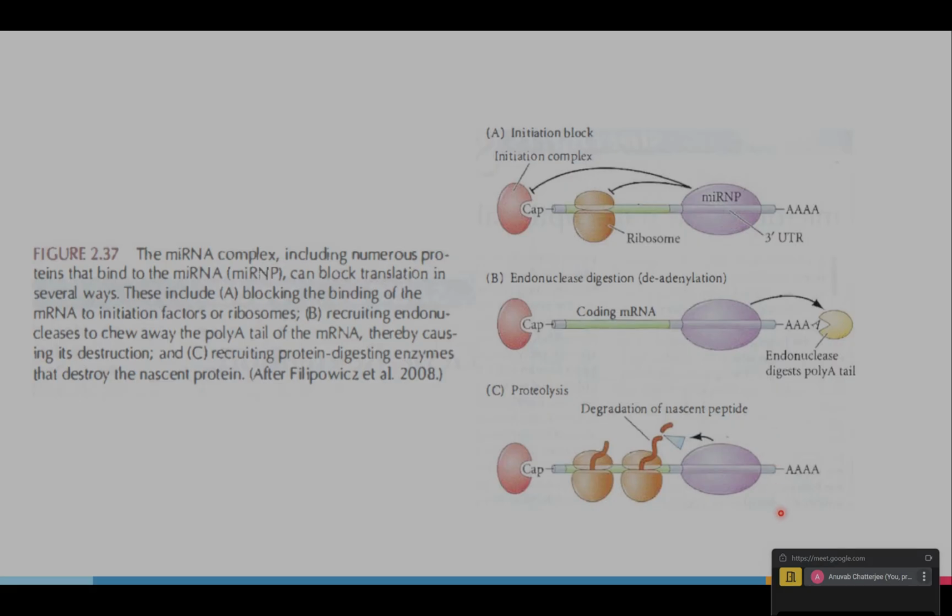So it is a huge part of the translational inhibition and regulation part of a gene expression. So it binds majorly to the 3' UTR, prevents translation by these three methods.